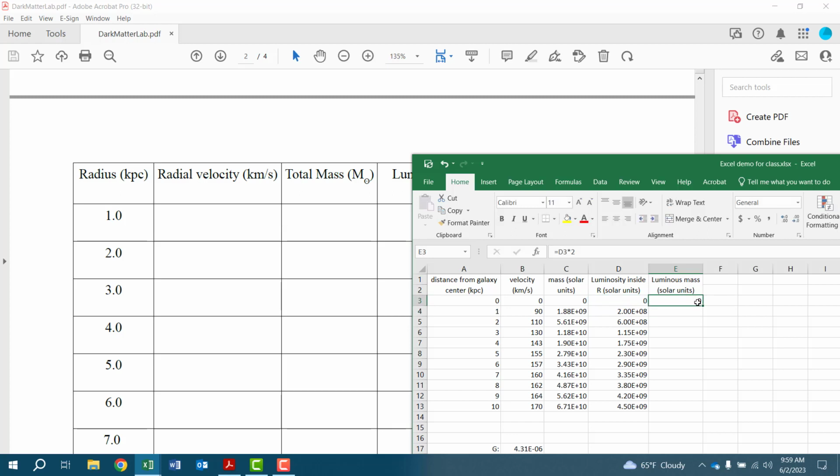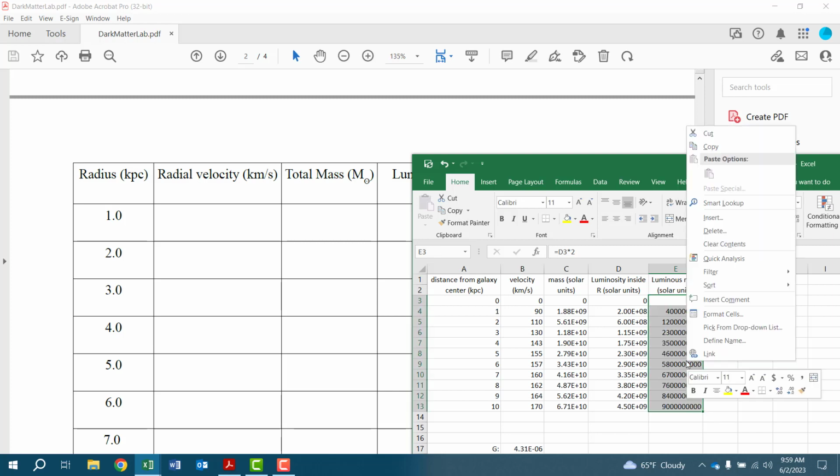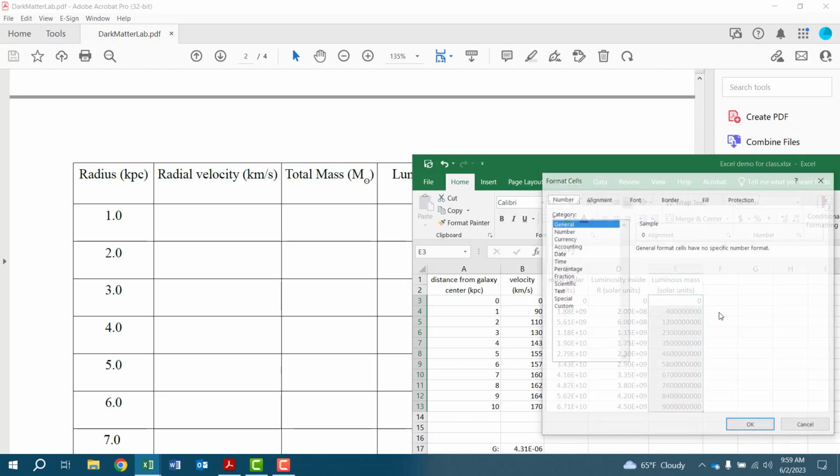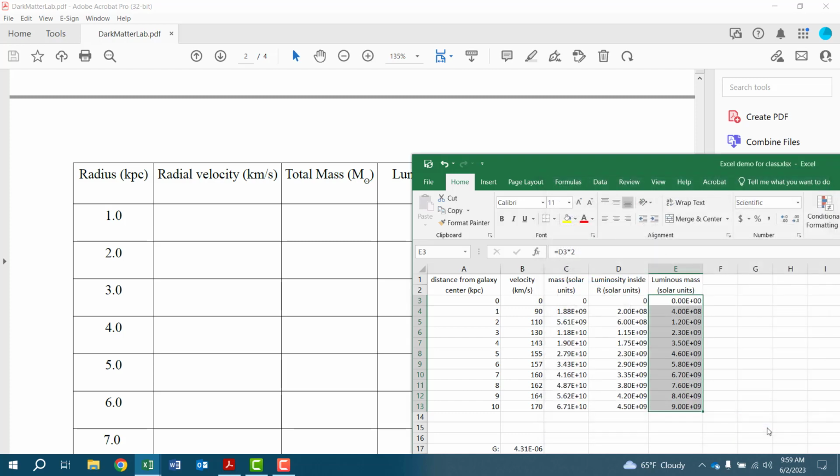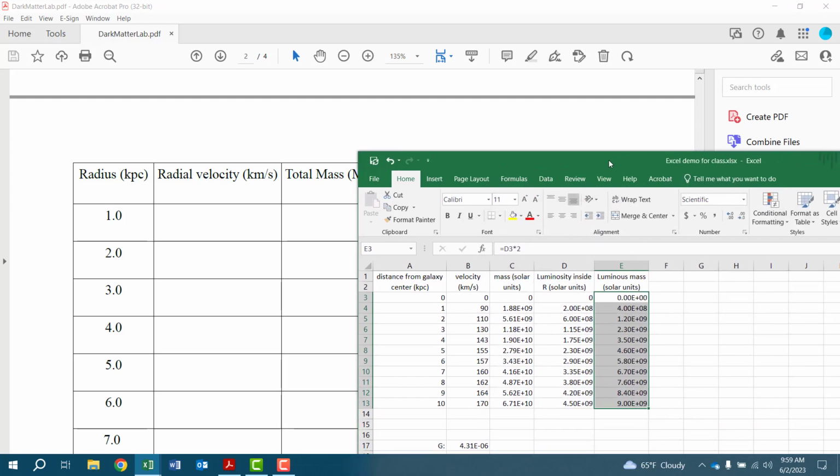And then I hover over the lower right corner, click and drag, and it will repeat that. So the calculations are done for me. Like before, let me right click, go to Format, and ask Excel to display the data in scientific notation. Let me do a quick save here.